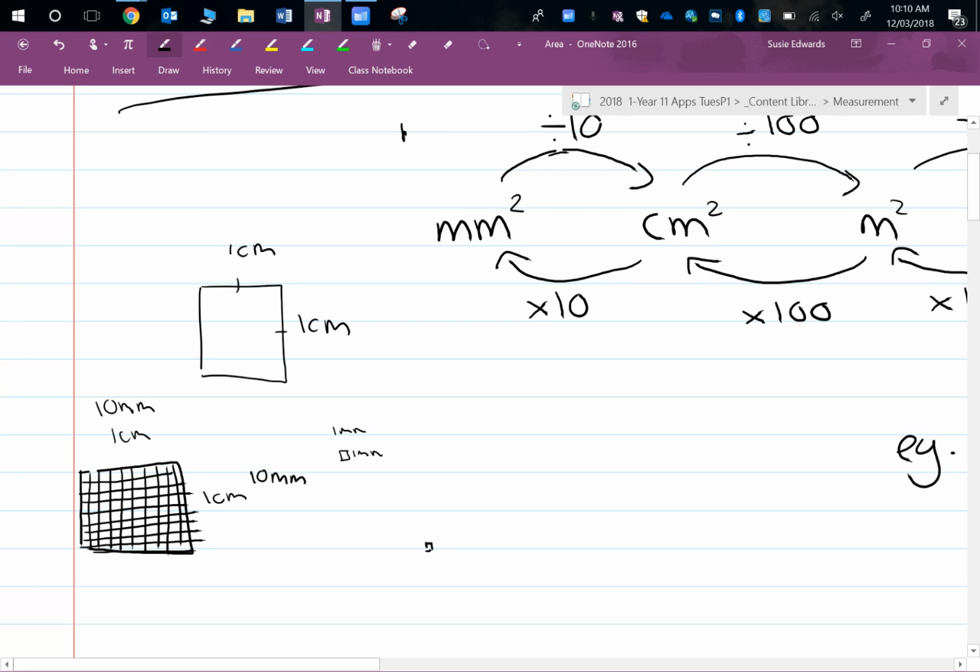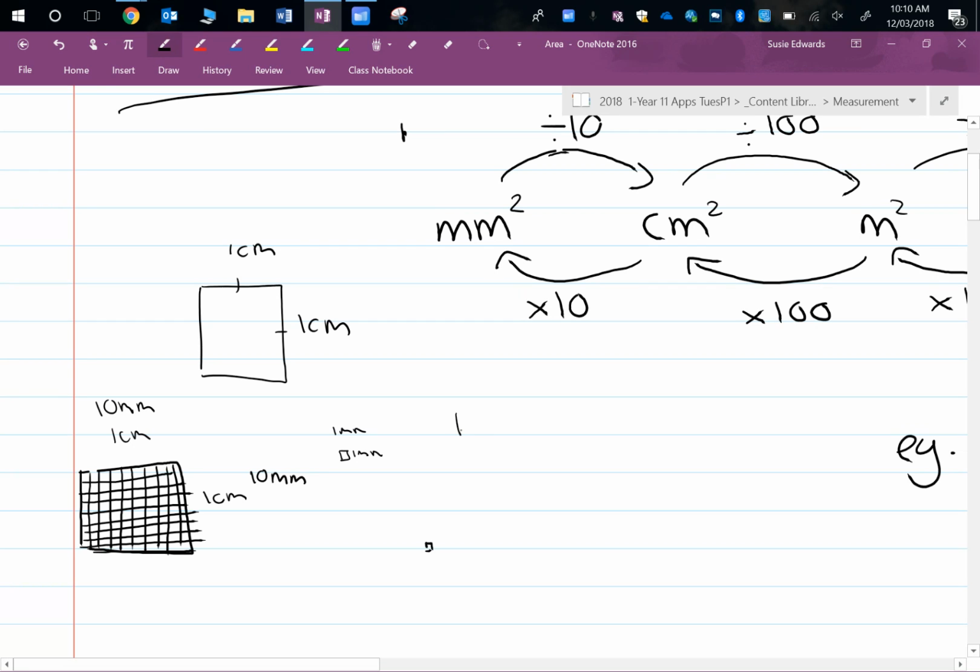How many square millimetres are there in a square centimetre? There's 10. So in that box, how many? 10 across, 10 down? 100, okay?